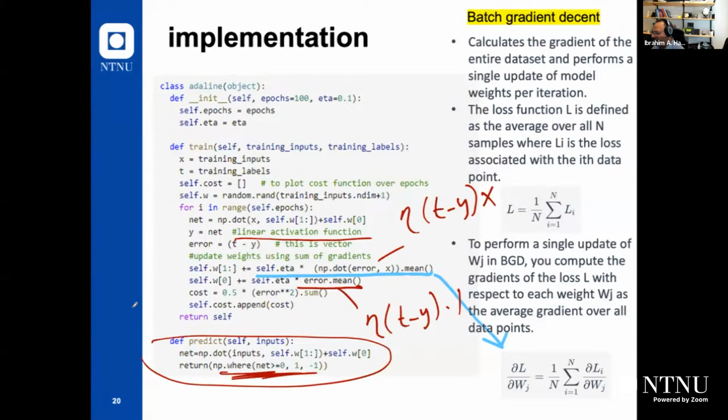If you go for batch gradient, what will happen? In batch gradient, I will not use the gradient of each example itself, but I will calculate the mean gradient for the entire data set, and I will perform one update each iteration. So if I train my model for 20 iterations, I will update the weights only 20 times.